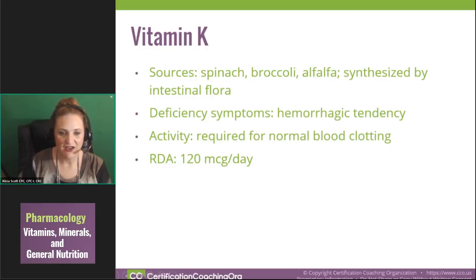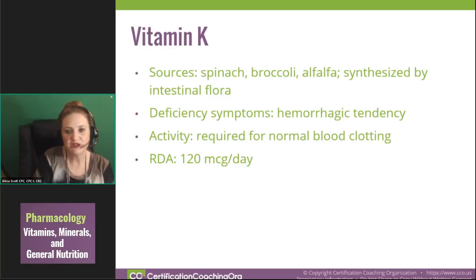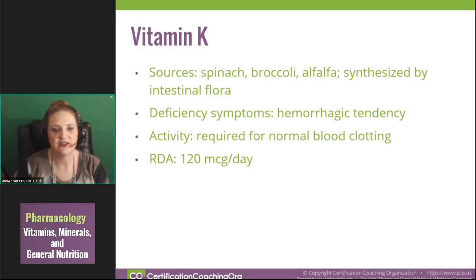Vitamin K: spinach, broccoli, alfalfa. That was a superfood for a while, right? How do we process that? From our intestines, the natural flora that's in our intestines, which is kind of interesting. If you are low in vitamin K, then you tend to bleed more.